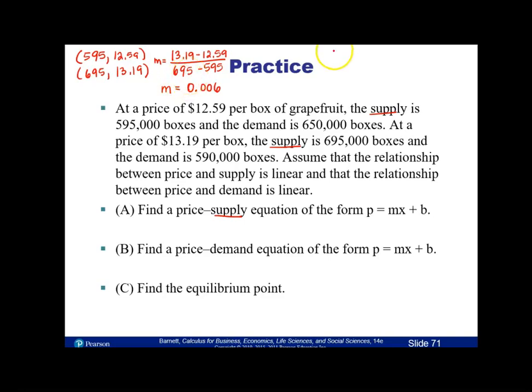Okay, so now we're going to go to y equals mx plus b. I'm going to use either of my points. It doesn't matter which one. So 12.59, I'm just going to take the first one. 0.006, and then I'm going to put for the x the 595, and then plus the b. All right, so I'm going to get this answer here.